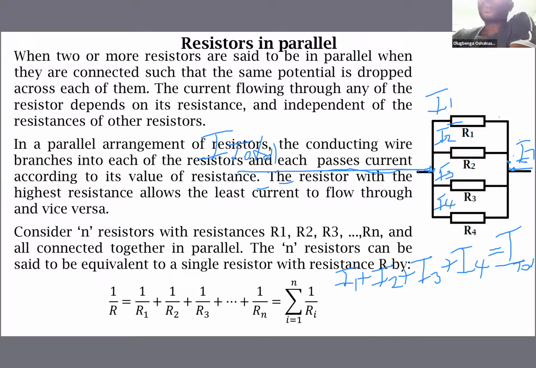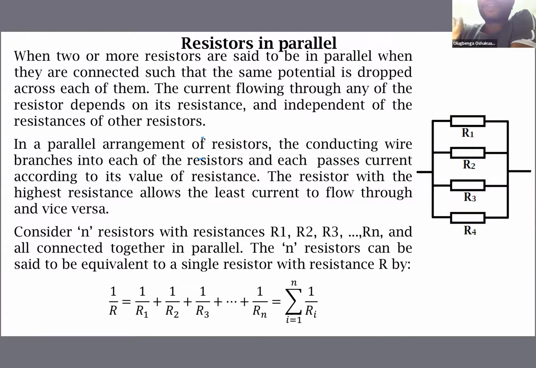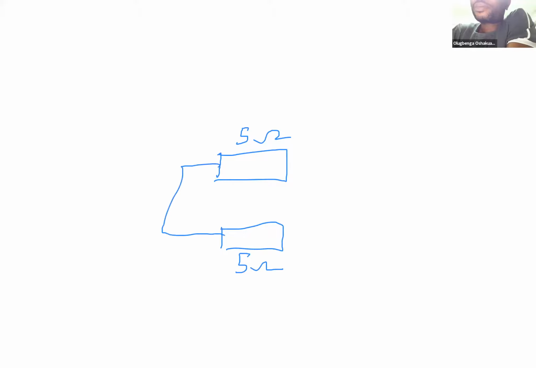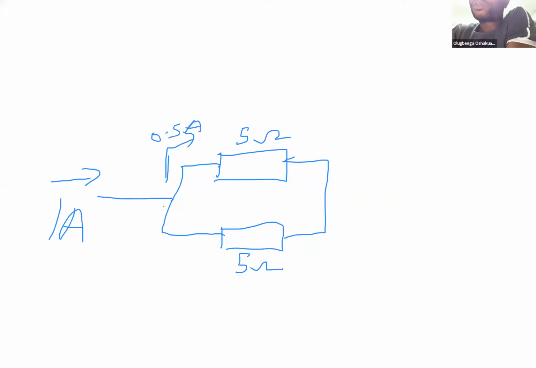Let me give you an analogy. Let's have a whiteboard. When we have a resistor of 5 ohms and another resistor of 5 ohms connected in parallel, and a current of 1 ampere flowing to this junction, that means 0.5 ampere will move up, whilst another 0.5 ampere will flow through the lower one.